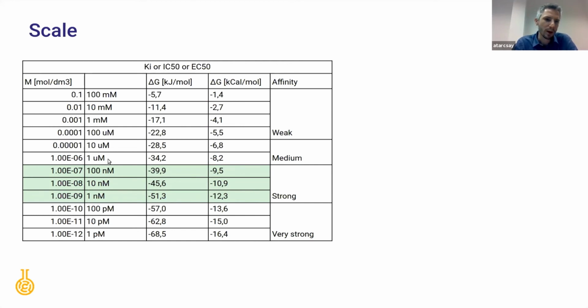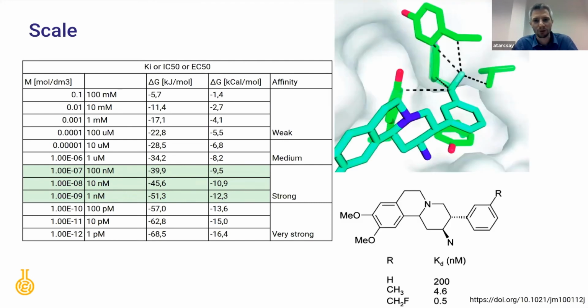So as you can see, 1 micromolar is a medium activity with 8.2 kcal per mole. Strong interactions are 12.3 kcal per mole. So there is a small change that will turn a ligand from medium binding to strong binding, and therefore we need methods that can predict the affinity within 1 kcal per mole to be able to use them for prioritizing compounds.